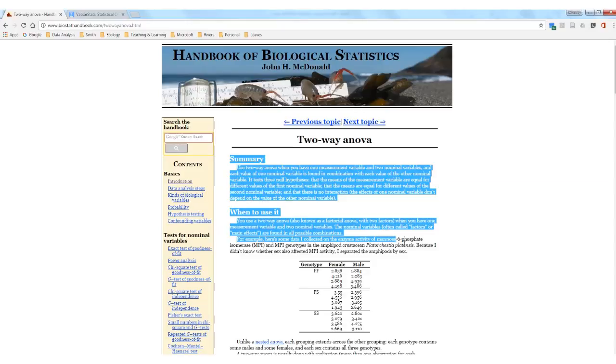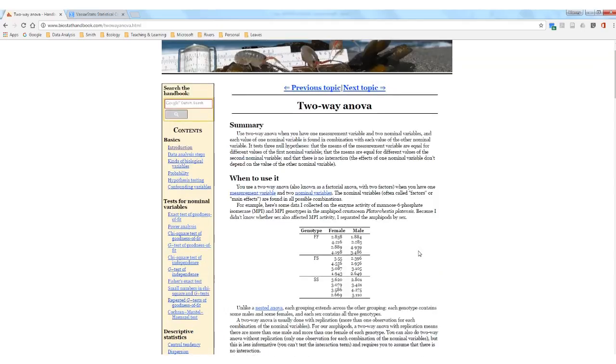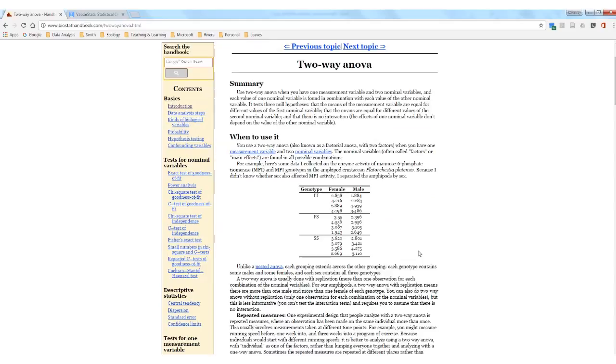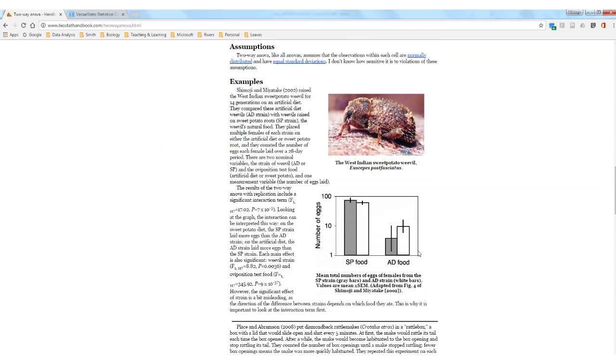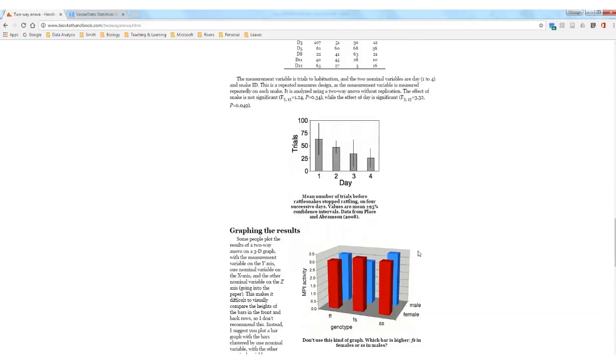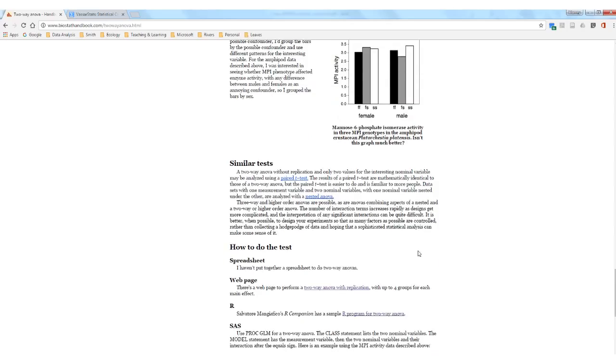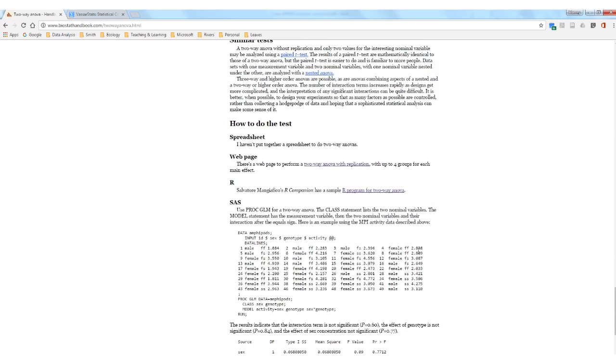And read this to make sure you understand what a two-way ANOVA is, what it does, when to use it, what the null hypothesis is, how the test works, some further examples, how to graph it, some similar tests, etc. One thing you'll note is that for most of the tests we've used in this class, the Handbook of Biological Statistics has supplied an Excel spreadsheet template, but there isn't one for this test, unfortunately.